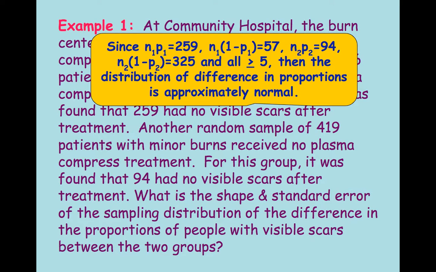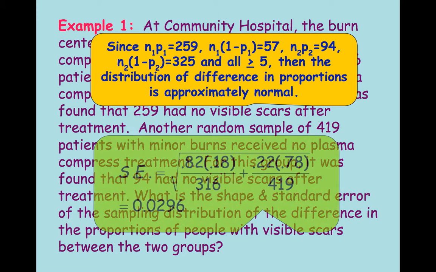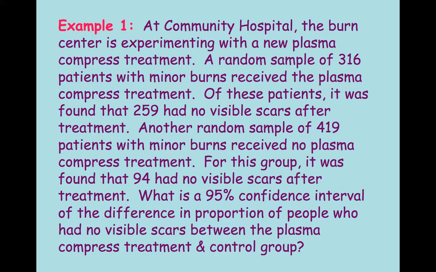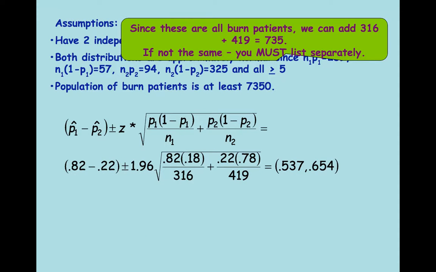Remember, if we're going to use formulas like standard error formulas, we have to have a normal or approximately normal distribution. Okay, so then it's really easy. And this, in case you're wondering, this 0.82 is coming from our 259 out of 316.